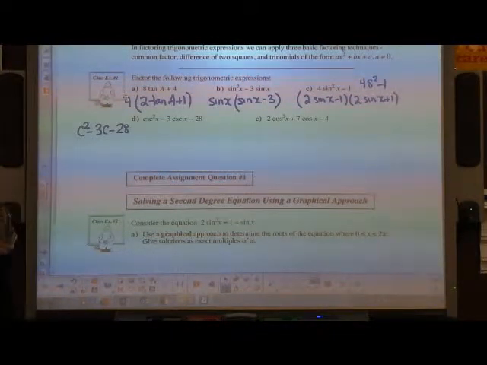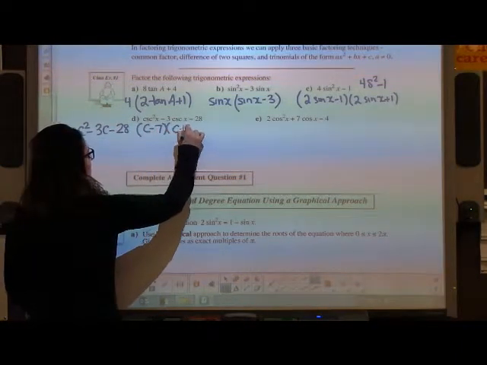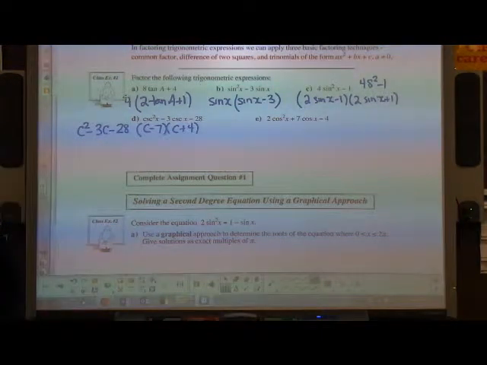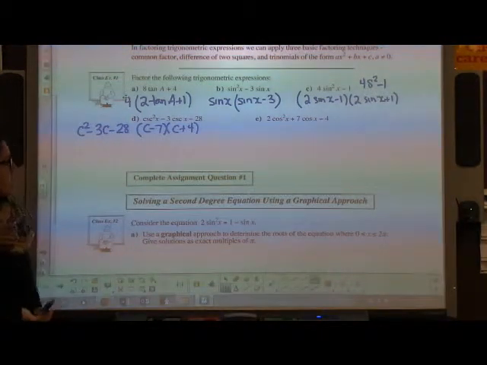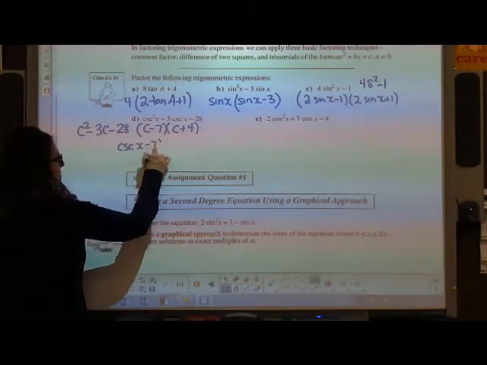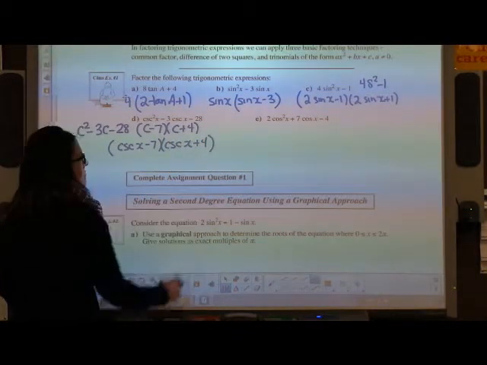Cosecant x minus 7, cosecant x plus 4. So it's factoring the quadratic, two numbers that multiply to negative 28 and add to negative 3. So then I replace my c's with cosecant x. Cosecant x minus 7, cosecant x plus 4.